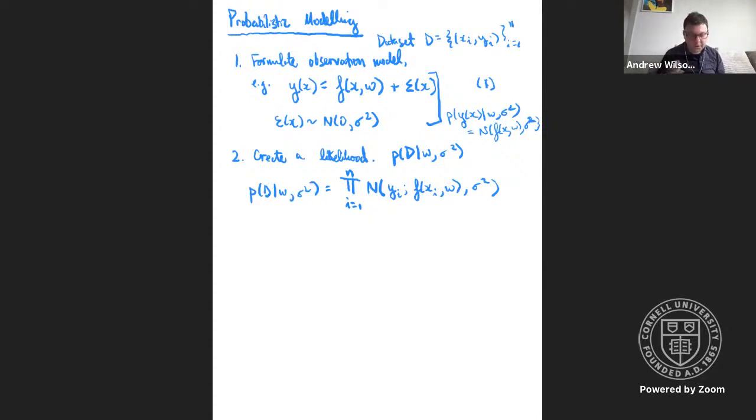Okay, so here's our likelihood. Now I'm going to ask you a question. Let's suppose we want to maximize our likelihood to find w hat equals argmax over w of P of D given w, sigma squared.